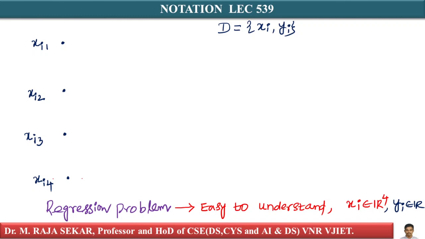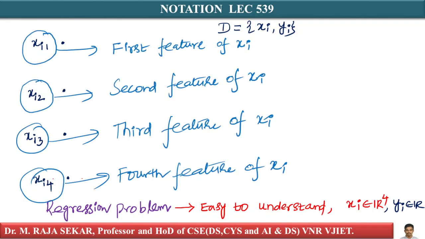My xi belongs to R4. R4 means it's a 4-dimensional point. What are these dimensions? xi1 is the first feature of xi. xi2 is the second feature of xi. xi3 is the third feature of xi. xi4 is the fourth feature of xi.